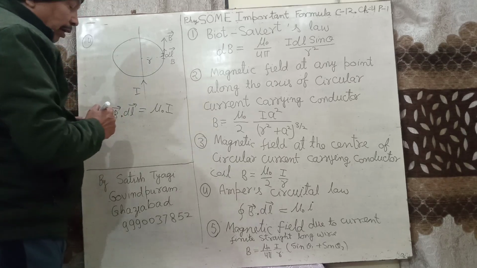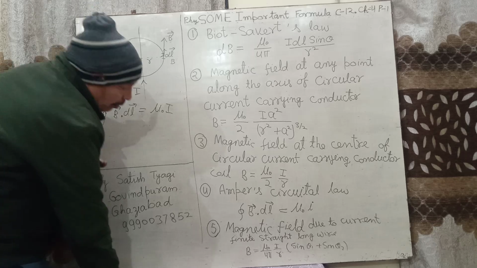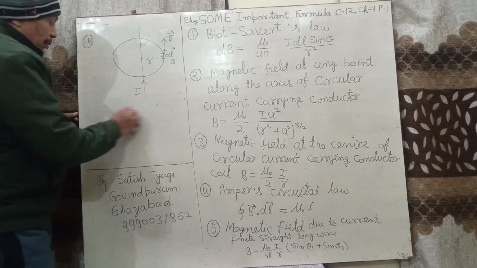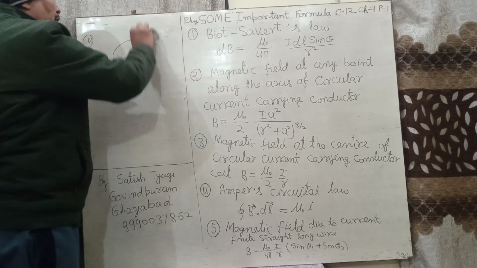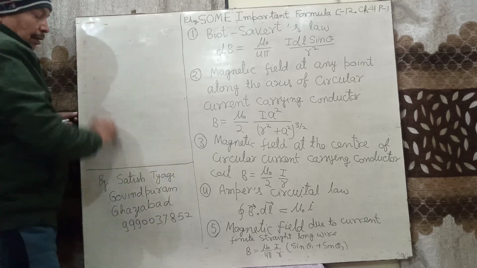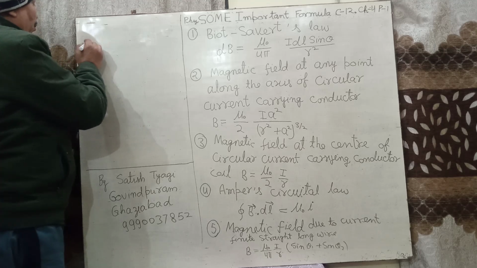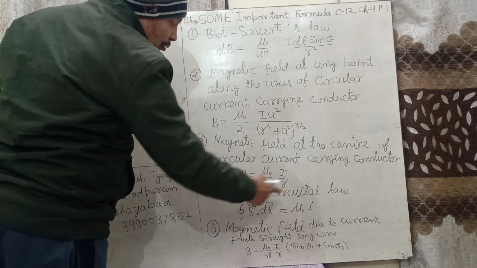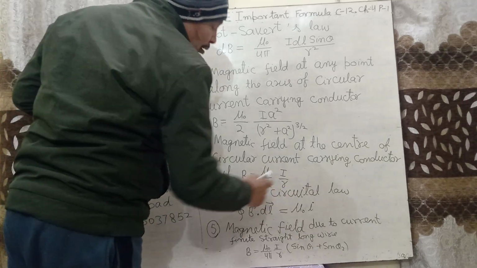Now I am telling you formula number 5. Formula number 5 is the magnetic field due to current in a finite straight long wire.